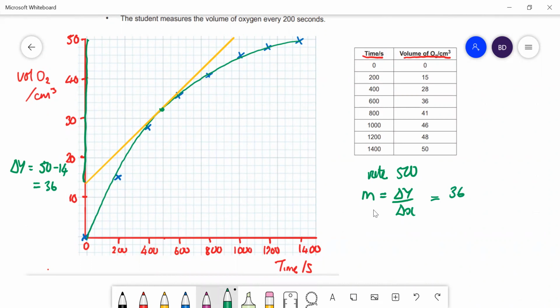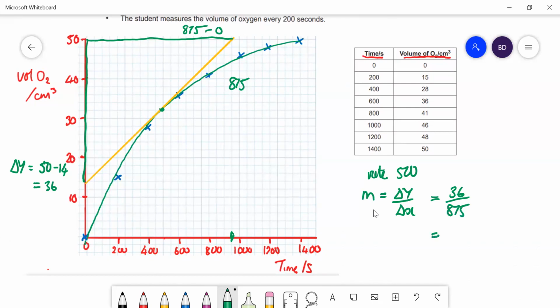And how long did that take to happen? Well, here is our change in x up here. So that there is 875 minus 0. So that's delta x is equal to 875 seconds.